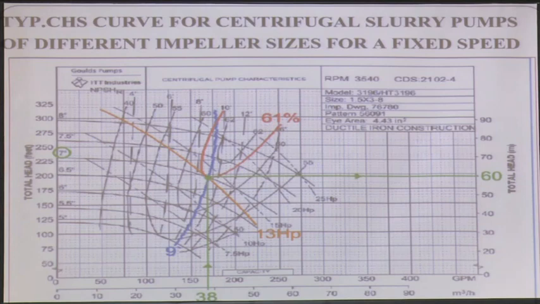But normally for the slurry pumps which we use, we do not get the characteristic curve in this manner, we get it as per the earlier pictures which I have shown you. That is more familiar in the mineral processing industry.